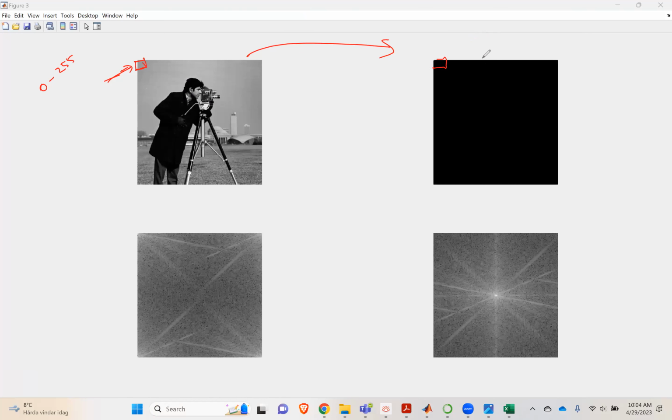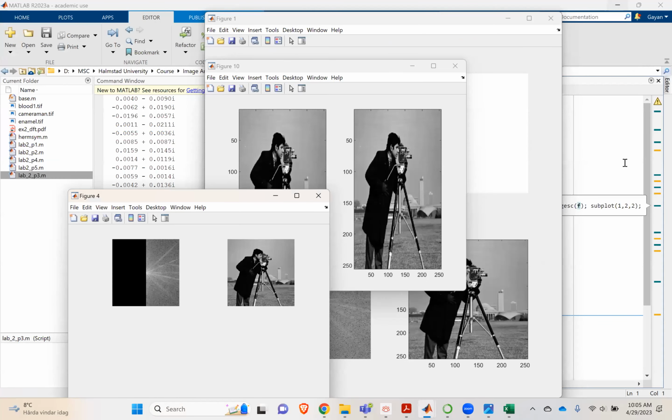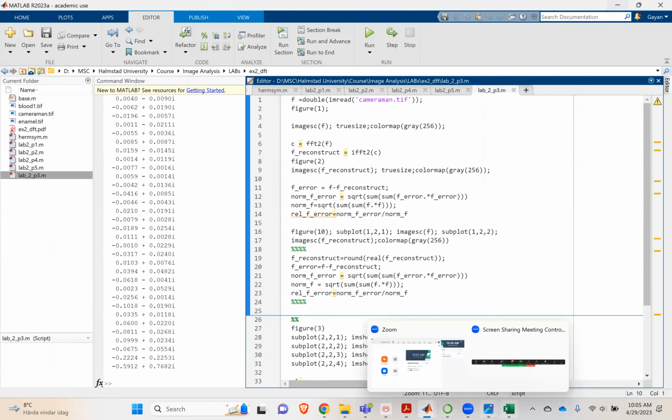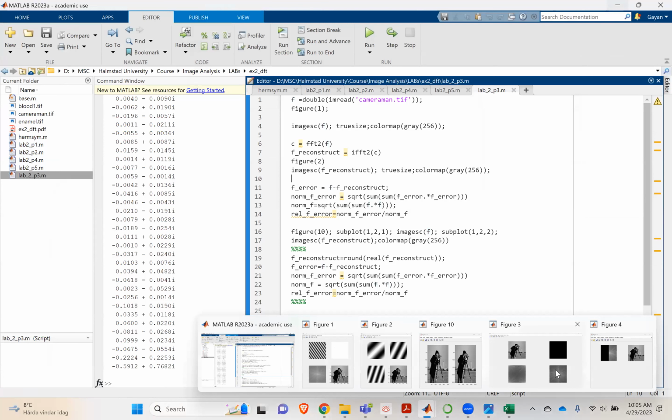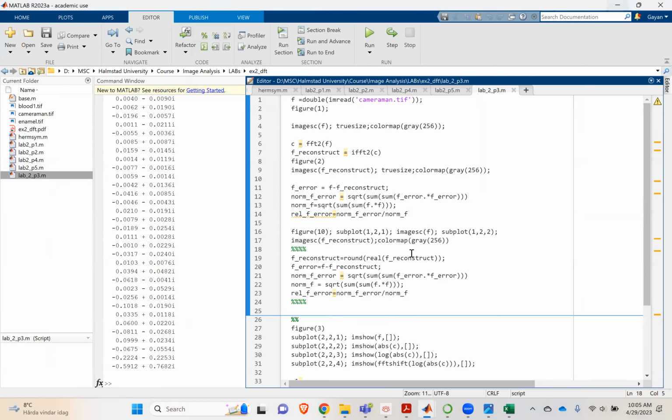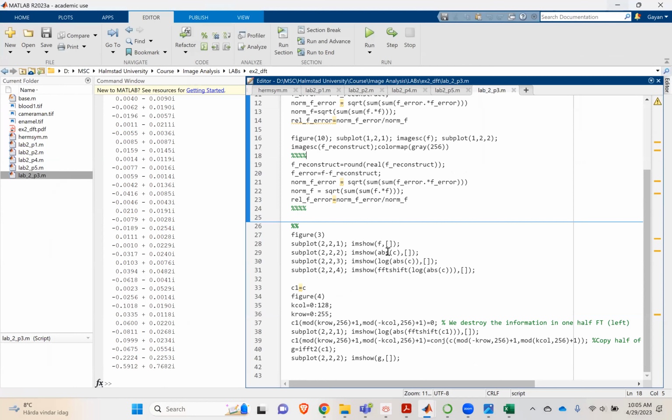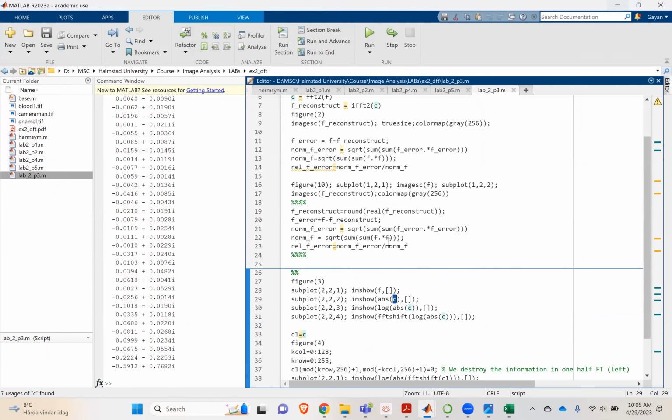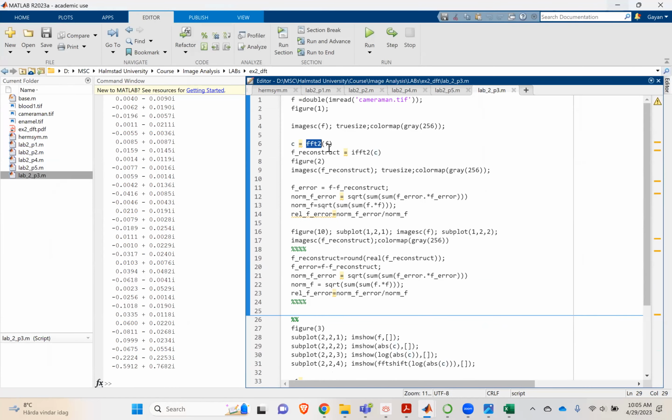So I can show you these values also. This is figure 3, where we get the Fourier image.